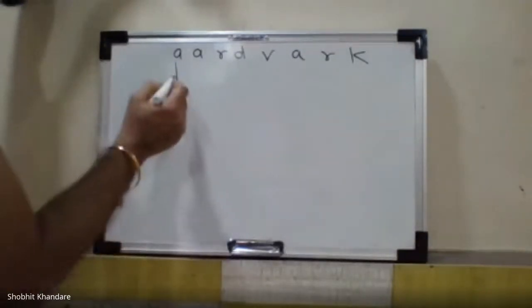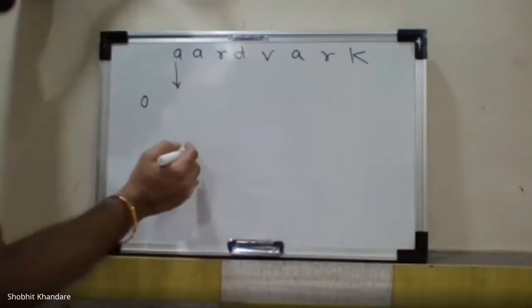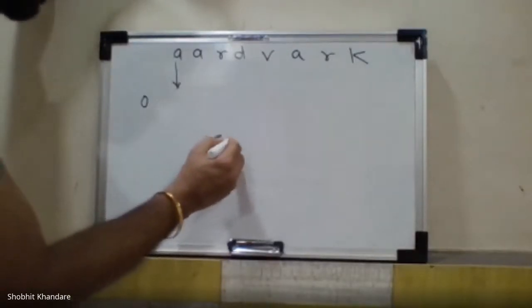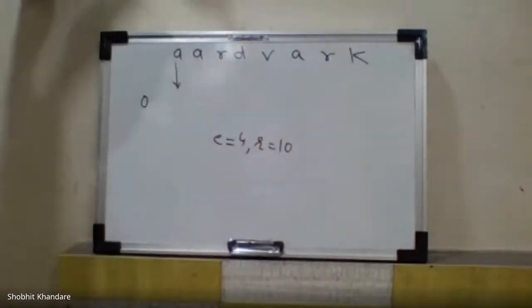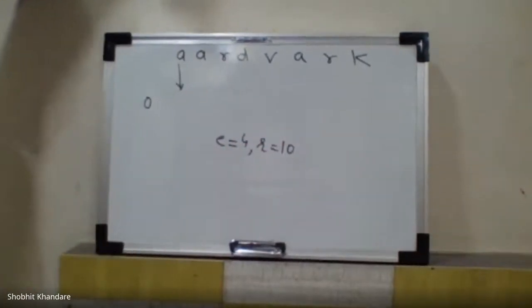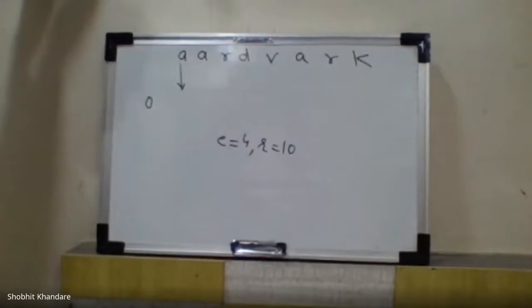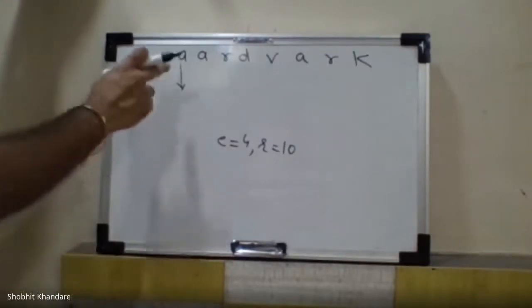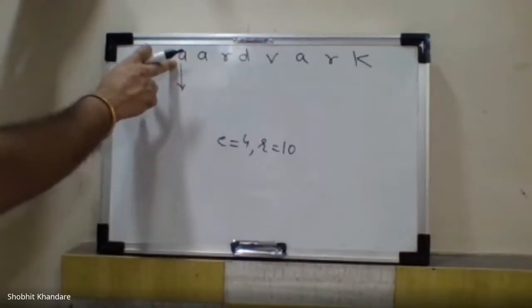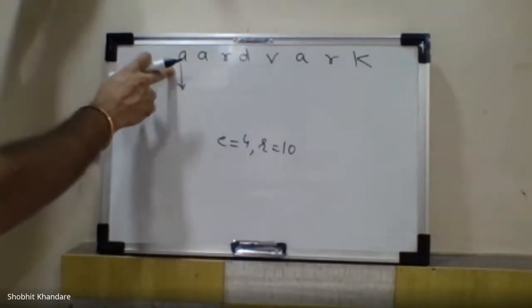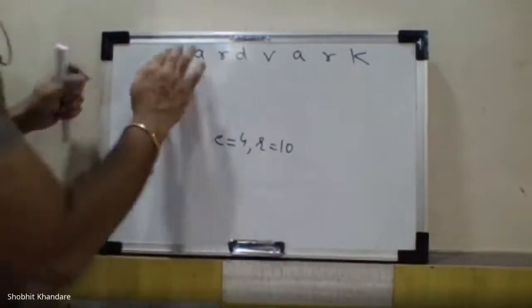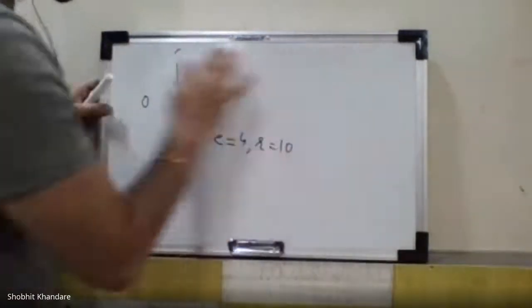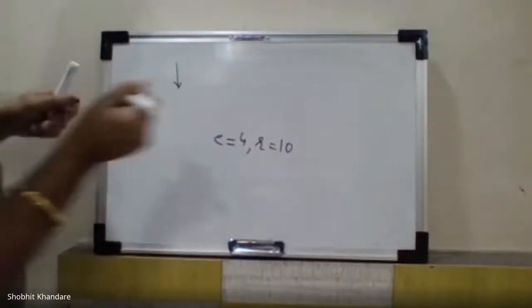Now for the fixed code calculation, you know the value of E. I'm writing down here: E is 4 and R is equal to 10. Then we have to see the value of K. As far as A is concerned, what is the value of K? I will write down here.